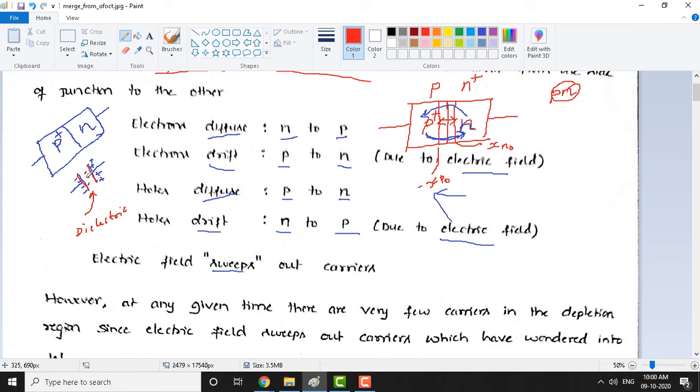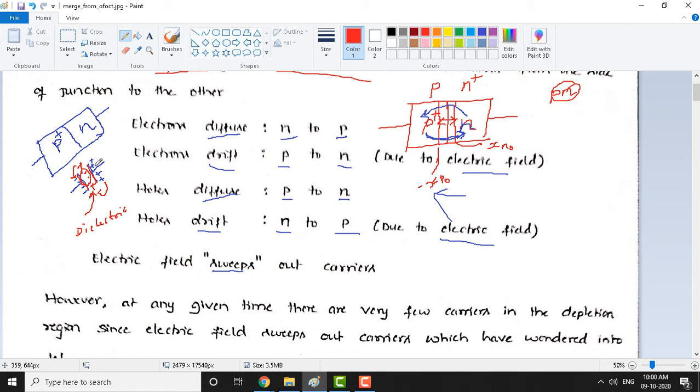Suppose a positive charge is here, in between the plates, obviously it will get attracted to the negative plate. If a negative charge comes here, it gets attracted to the positive plate. That means at any instant of time, in this area you don't see any charges.